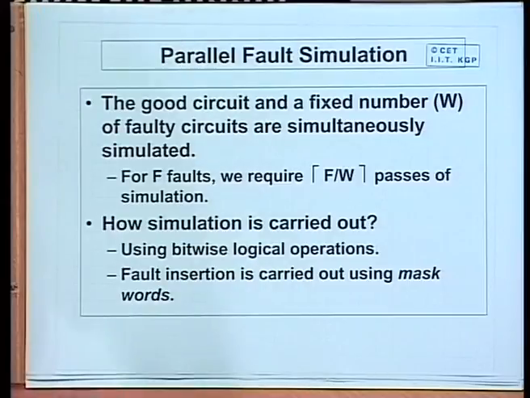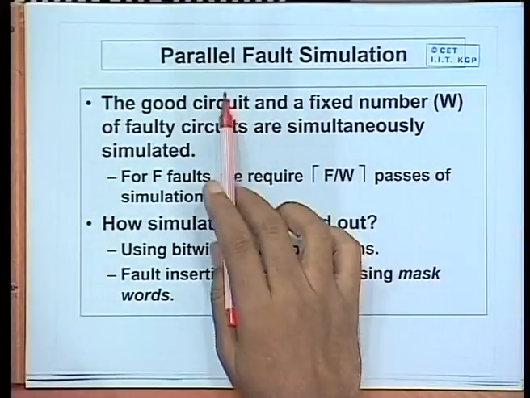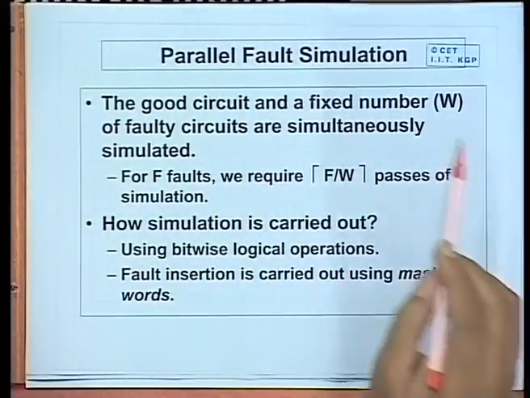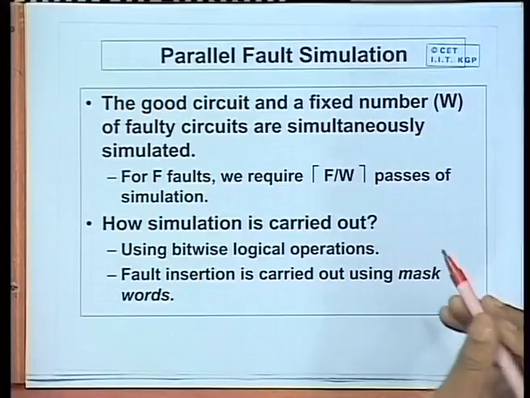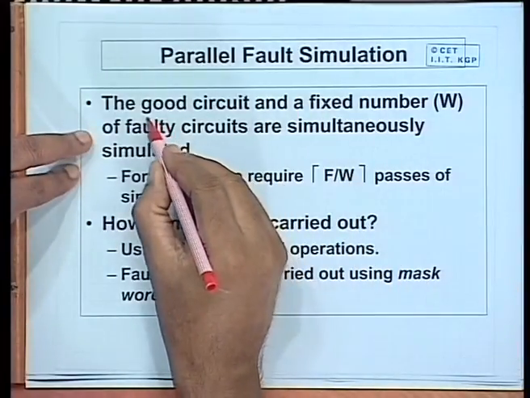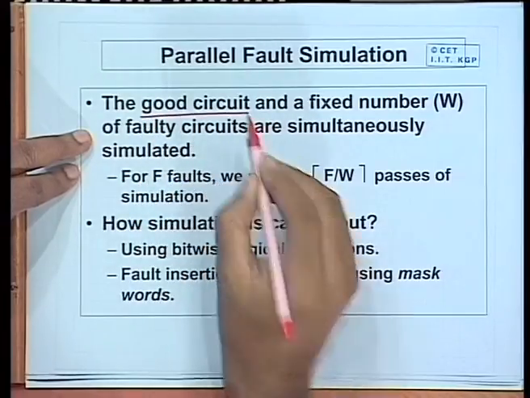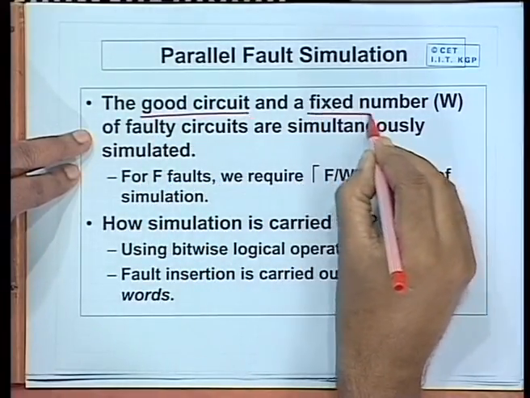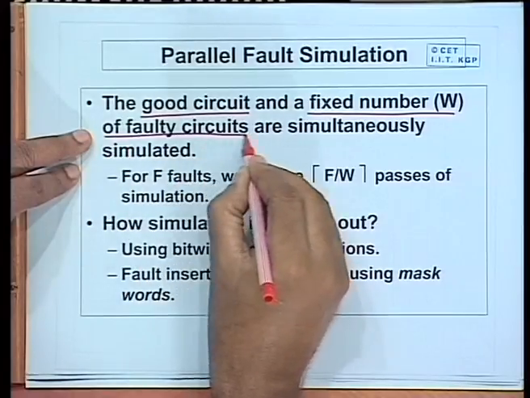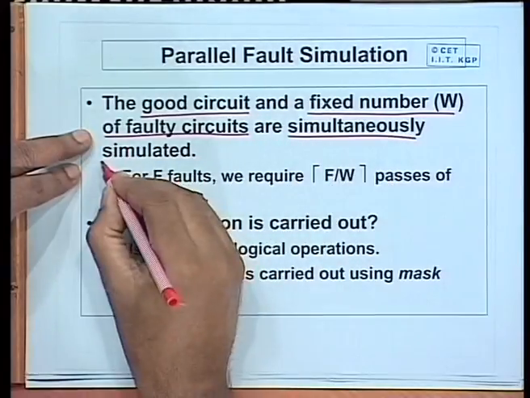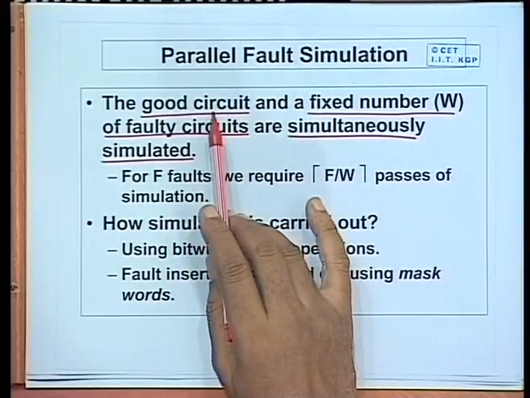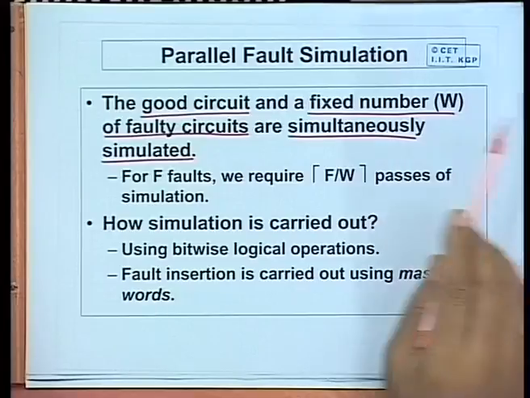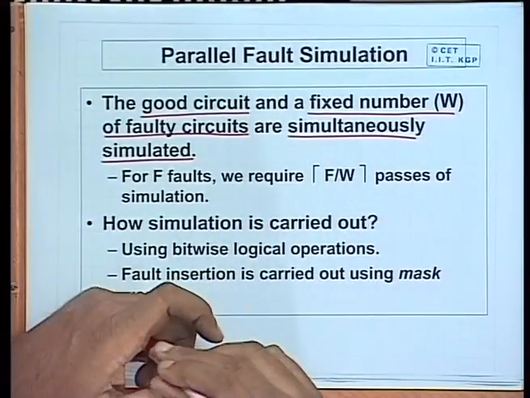Now, let us see what parallel fault simulation means. This is a method to speed up the process of fault simulation. Here the good circuit and a fixed number of faulty circuits are simultaneously simulated. We will see how. In the normal scenario, you can simulate only one circuit at a time.